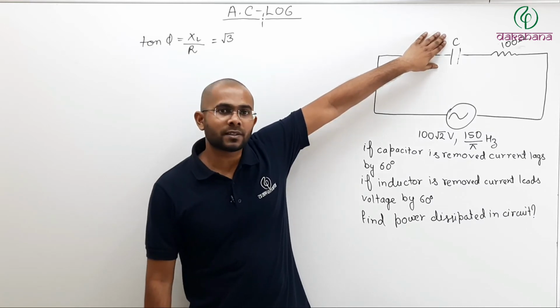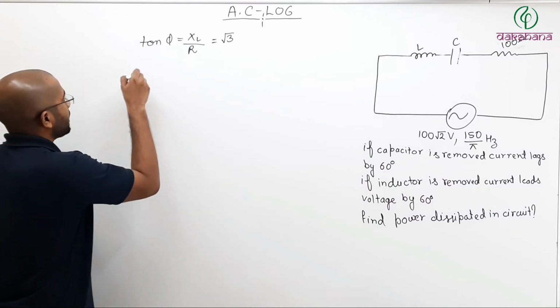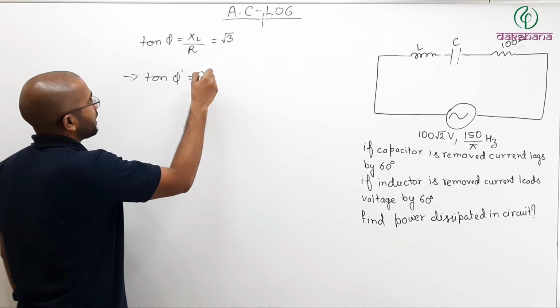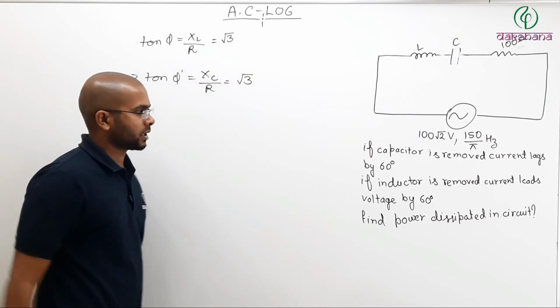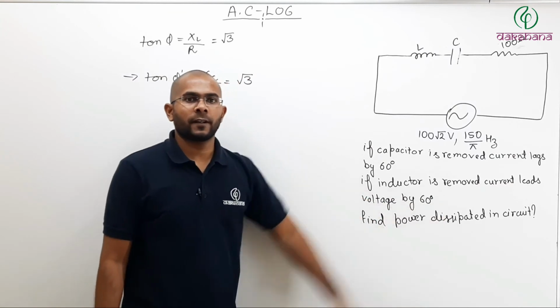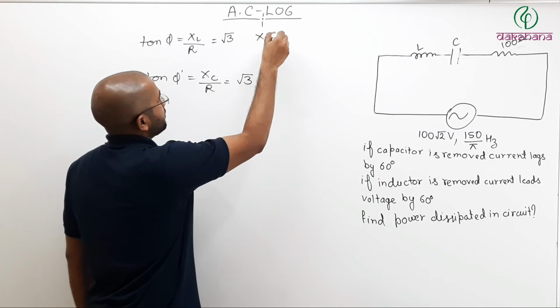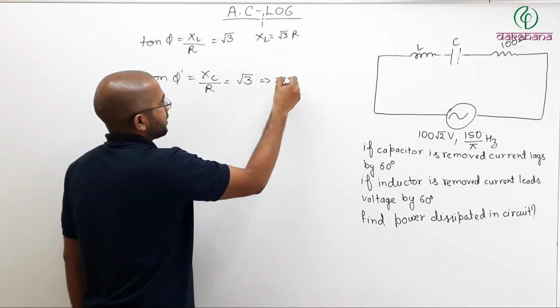In case of a capacitive circuit, current leads. So in the second case, tan phi dash is XC divided by R, and that is also root 3 because of 60 degrees. So from here XL equals root 3 R, and XC equals root 3 R.